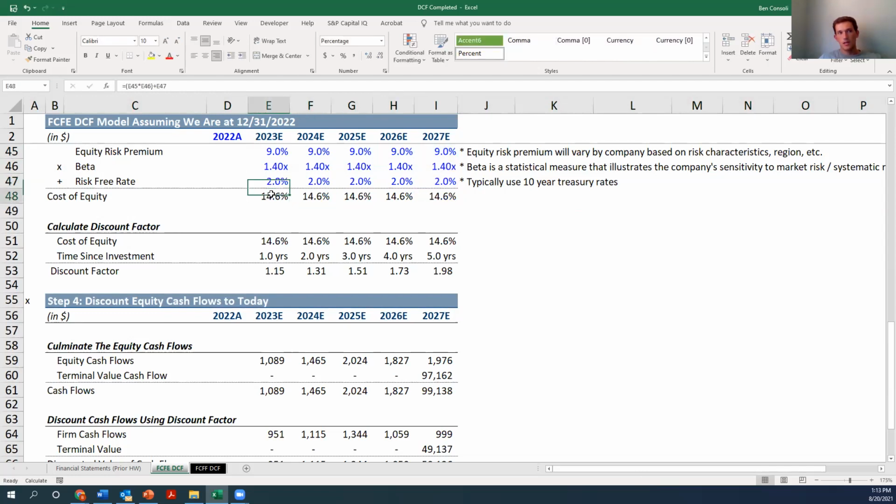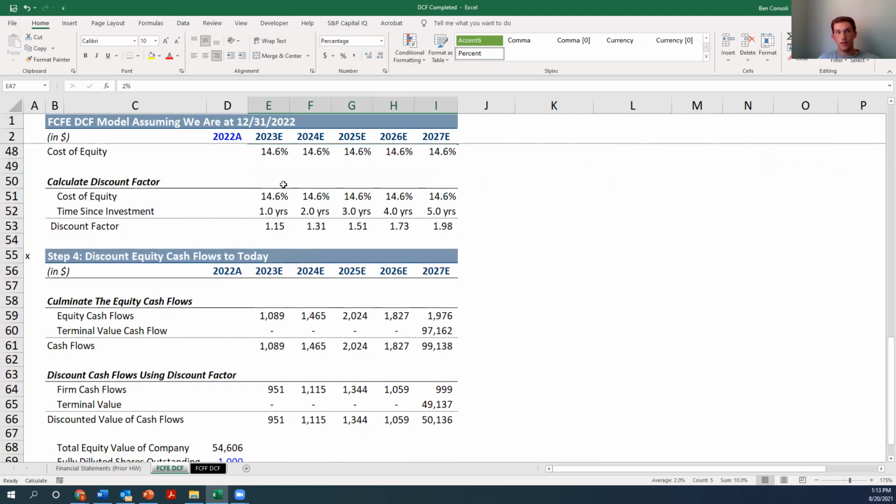In this case, it's all the same because we kept it simple and left the risk-free rate the same for the entire period, but often the risk-free rate is different based on the year, and the equity risk premium is different too. So sometimes this cost of equity will change over the investment horizon, and for that reason you have to change these as well.